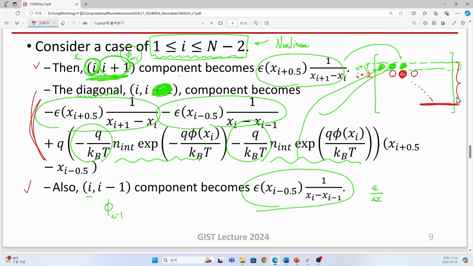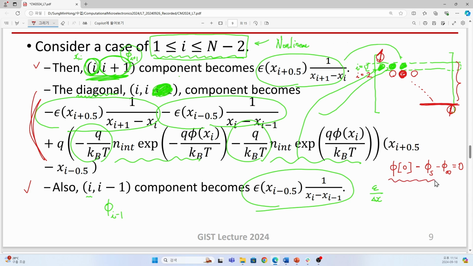We will fill many of them, almost all of them, and finally here we have a component corresponding to 1, and a component corresponding to 1, because our phi at 0 should be, for example, the surface potential, and phi at infinity should be 0.